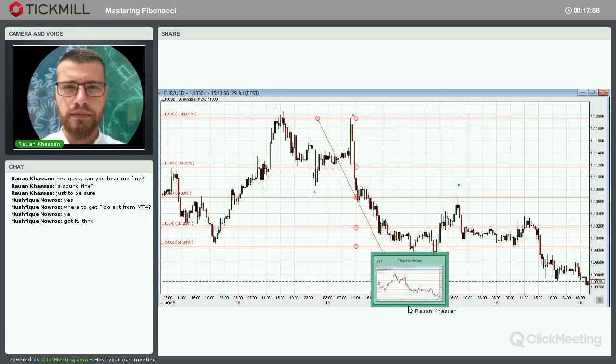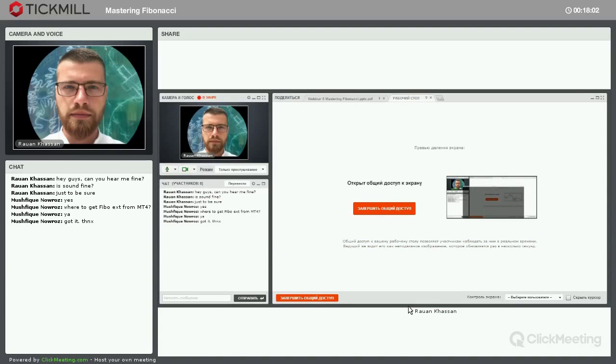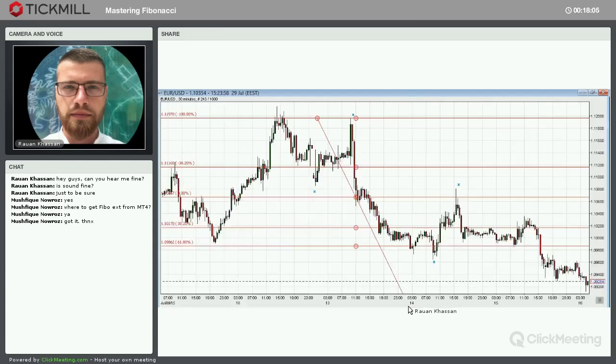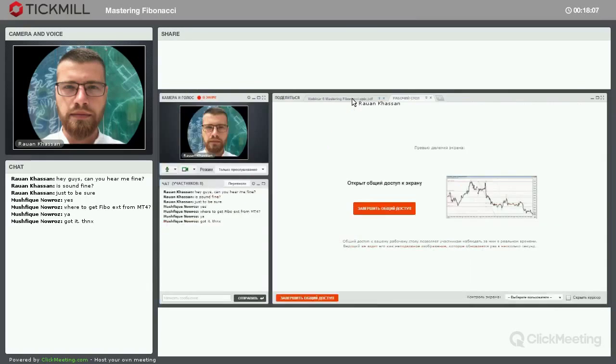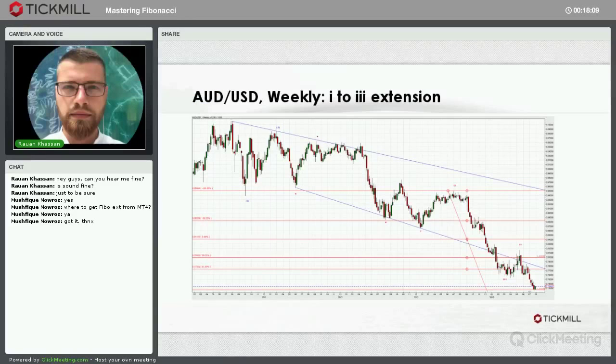Obviously, it takes some time. Okay, so we can return to the live chart when it's ready. And I will start the explanation on the screenshot itself.